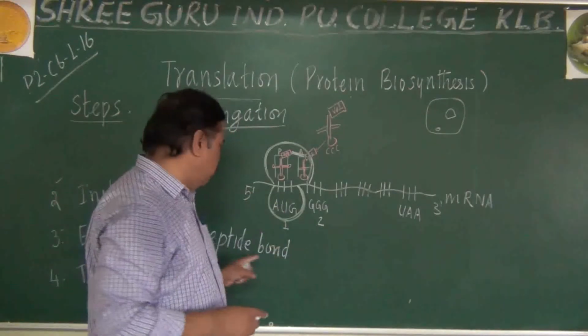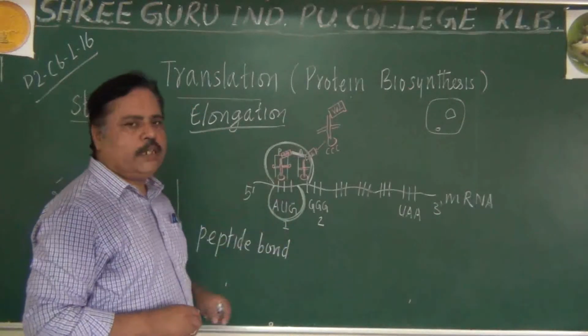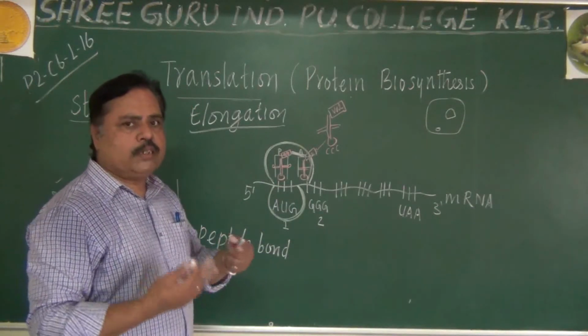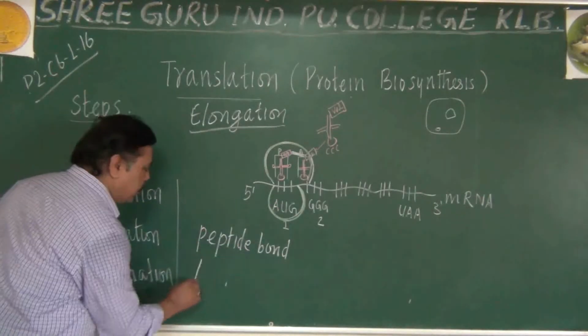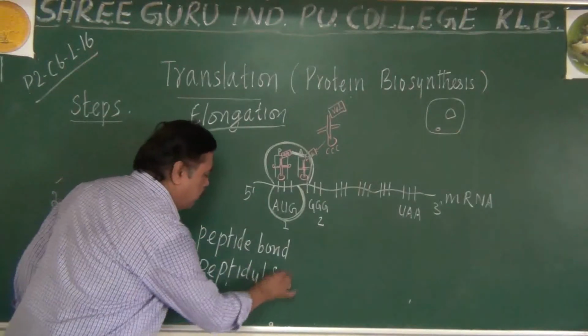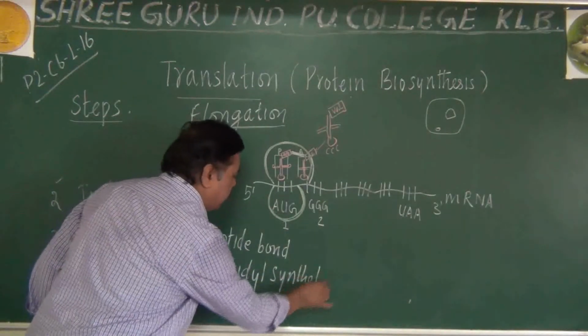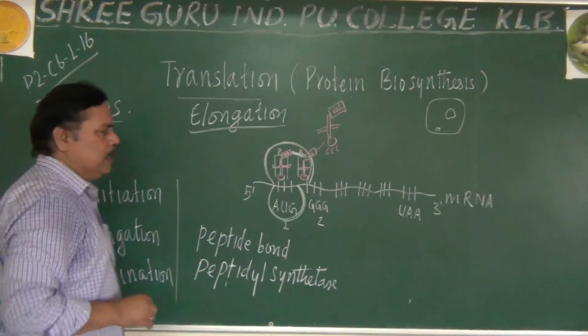They will create a bond called peptide bond. So one peptide bond is created here. Which enzyme will be used for this purpose? Peptidyl synthetase enzyme. Peptidyl synthetase enzyme is used for the formation of the peptide bond.